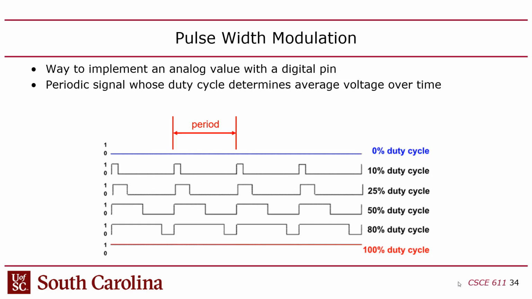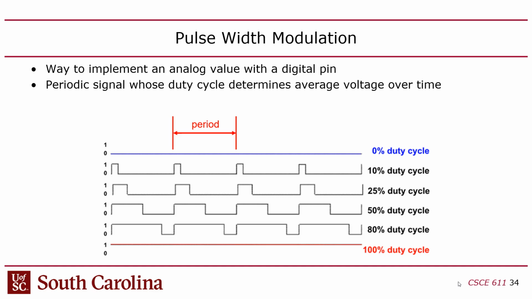So how fast does that need to be? Well, in my experience, usually once you get to like 10 kilohertz or so, there won't be any perceptible flickering in that LED. You'll be able to just dim it and brighten it, right? You guys have all seen LEDs dim and brighten, and that's kind of the principle. It just uses a PWM signal.